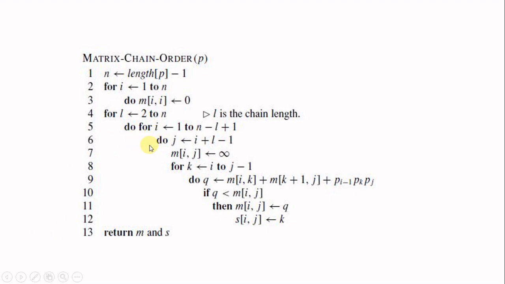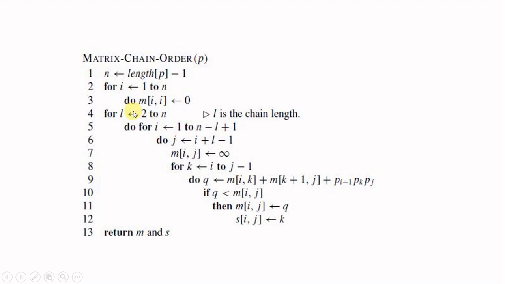Do for i is equal to 1 to n minus L plus 1. So what is i? i is the first index in m of i comma j, so the starting of the sequence. That will start from 1, because our matrices are A1 to An.